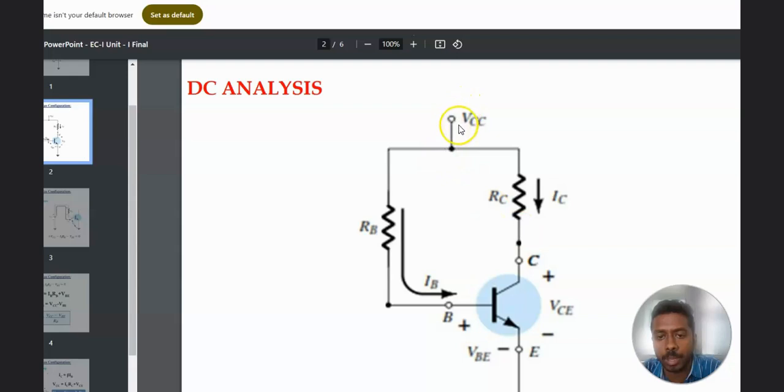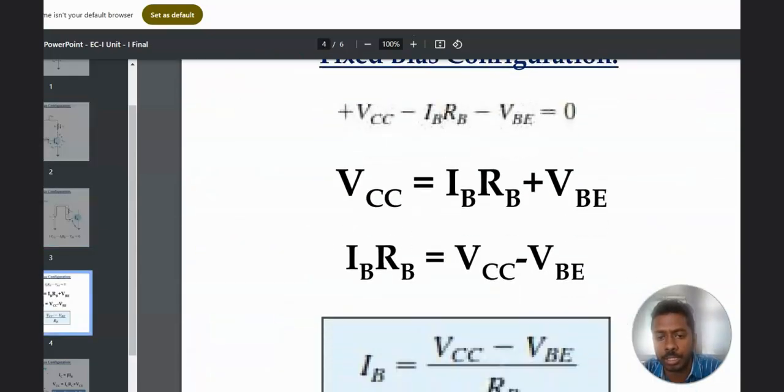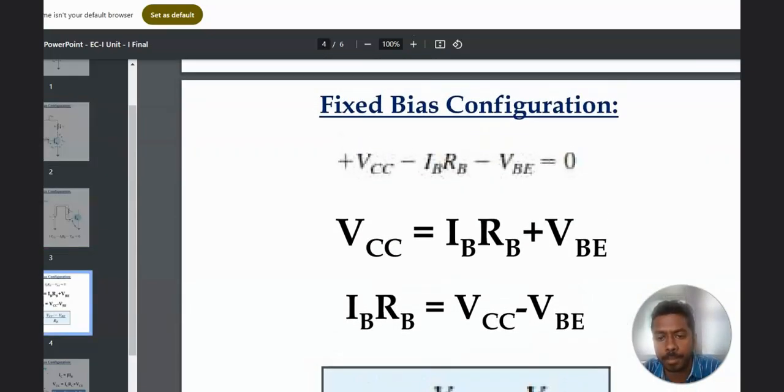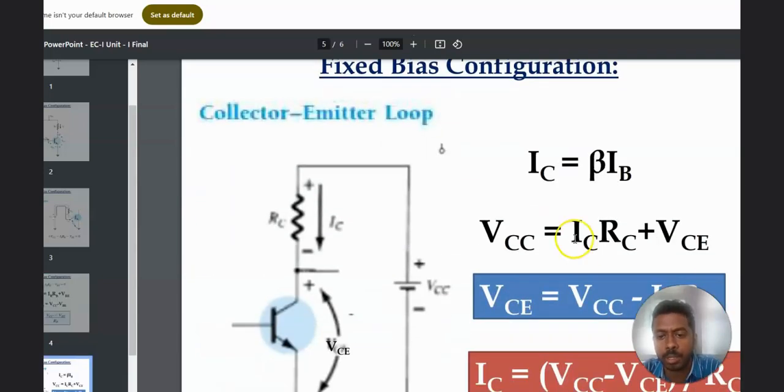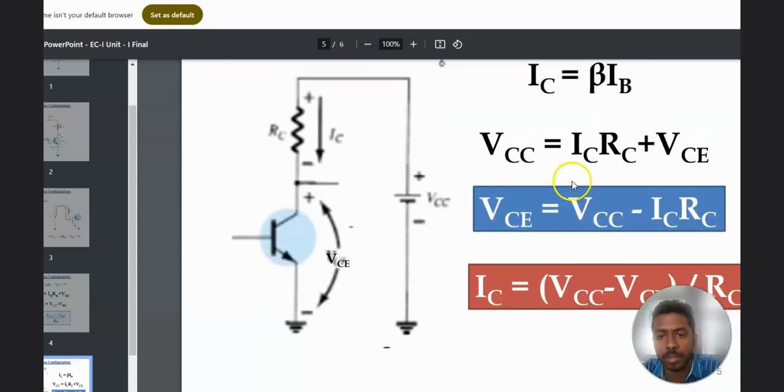Now applying the KVL to its output loop, we will get VCC minus IC RC minus VCE is equal to 0. From this we can get the value of VCE.